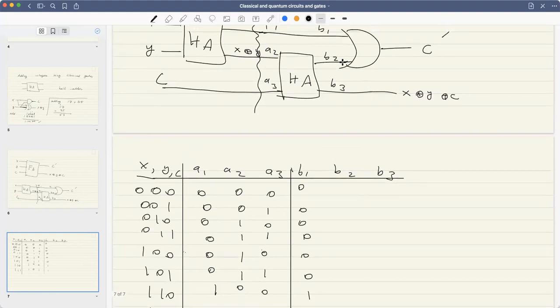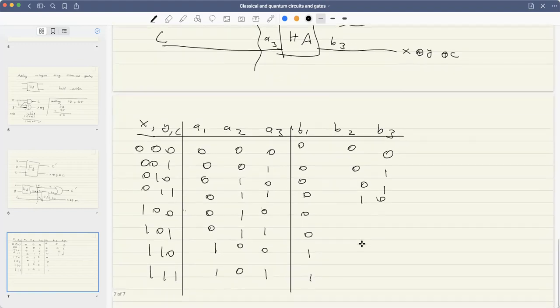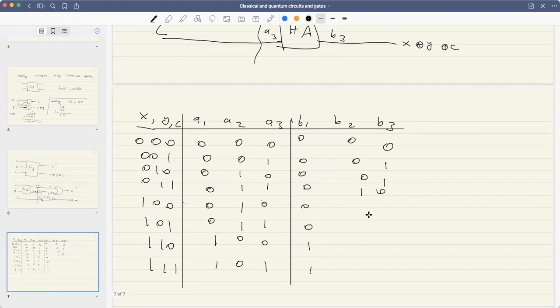B2 is the carryover, B3 is the sum of A2 and A3 mod 2. So 0 plus 0 is 0, carryover 0. This sum is 1, carryover 0. This is again 1, 0. 1 and 1 gives me 0 and 1. 1 and 0 gives me 1 and 0. 1, 1 again is 0, 1. 0, 0 is 0, 0. This is 1, 0.